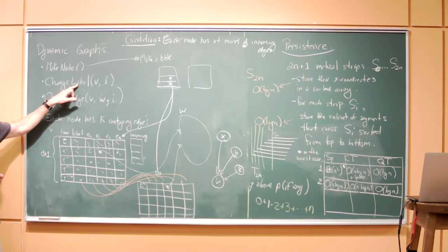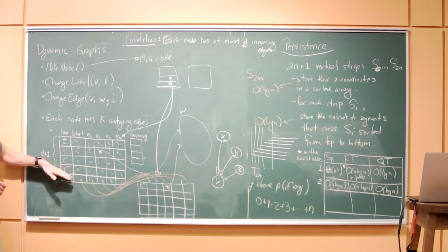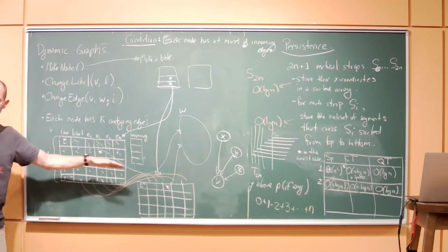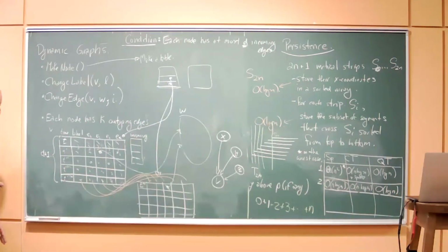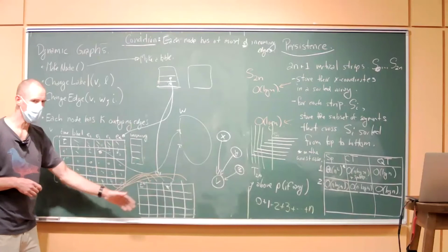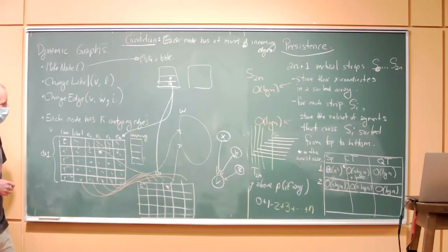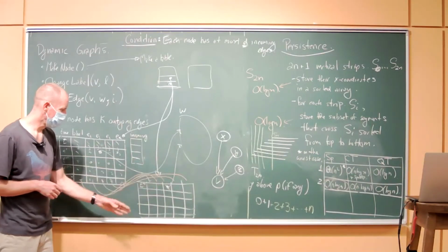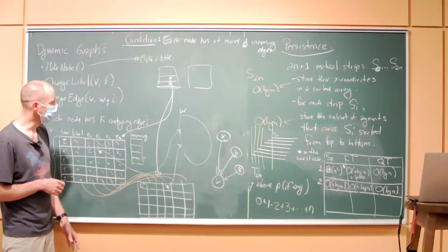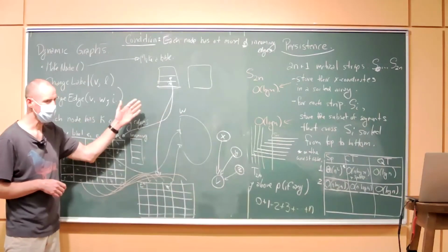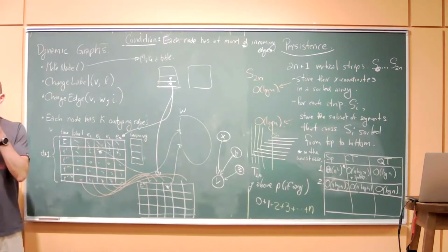If you have space in your table, you just fill in a new row with the new label and the new timestamp. If you don't have space, you split it, fill in the first row of the new table, and then notify all the incoming edges that they need to update themselves as well.